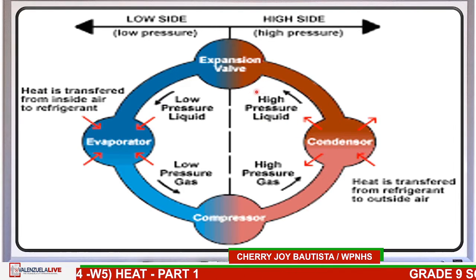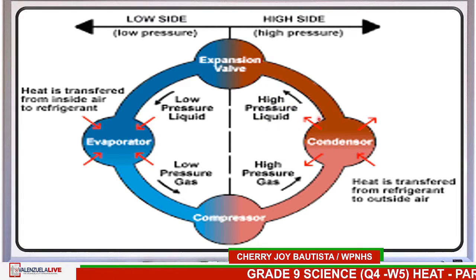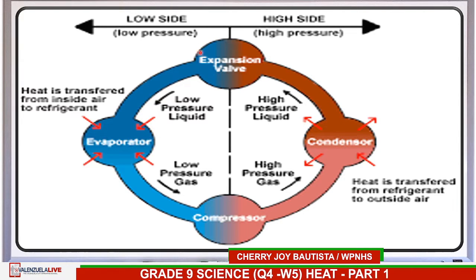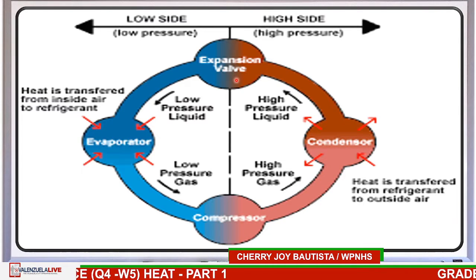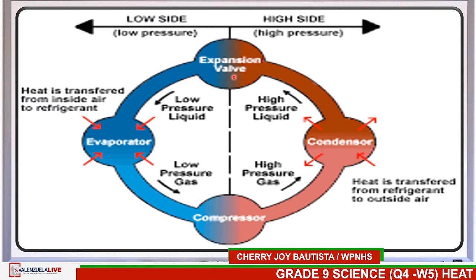Now, this high-temperature condensed liquid refrigerant will leave the condenser and enter the expansion valve where it is being expanded. As mentioned earlier, the function of the expansion valve is to lower the pressure of the refrigerant and cool it down. It also controls the amount of refrigerant flow entering the evaporator.